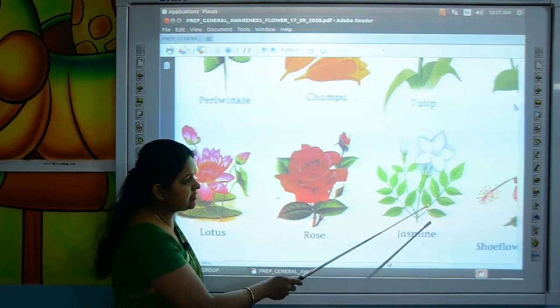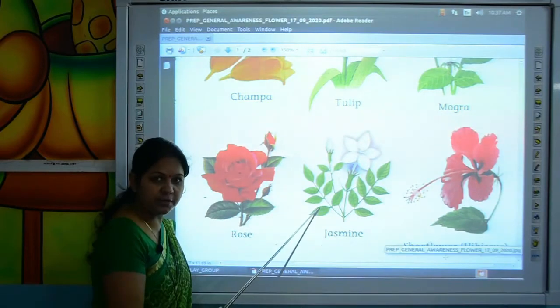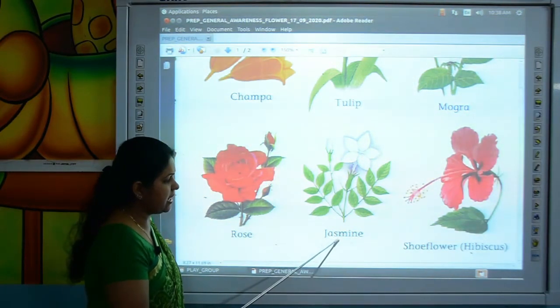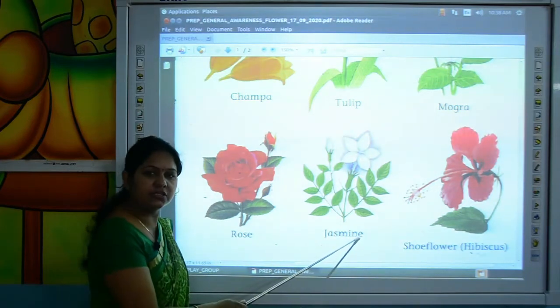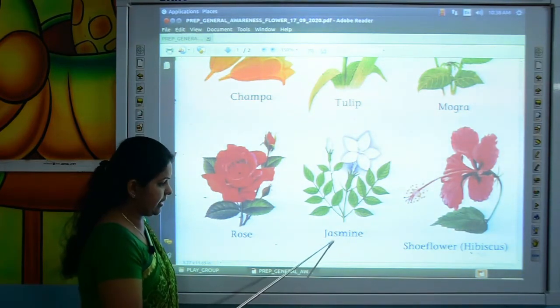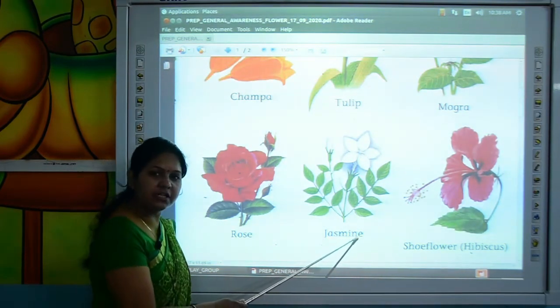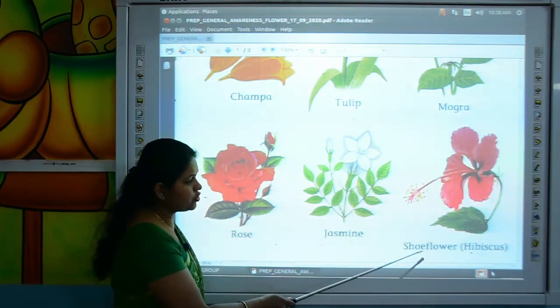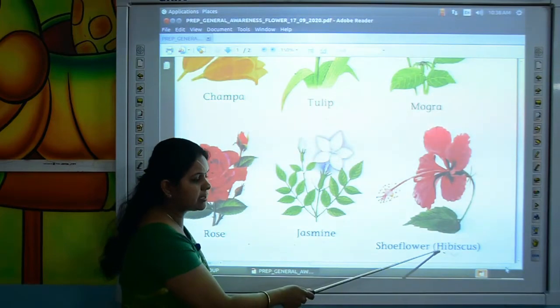Which flower is this? This is jasmine. J-A-S-M-I-N-E, jasmine. Now move to the next. This is shoe flower or hibiscus.